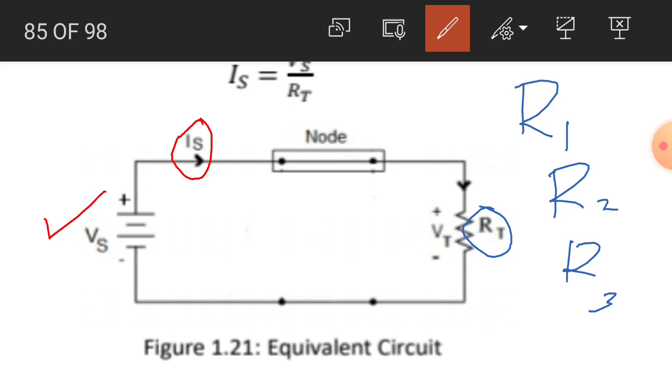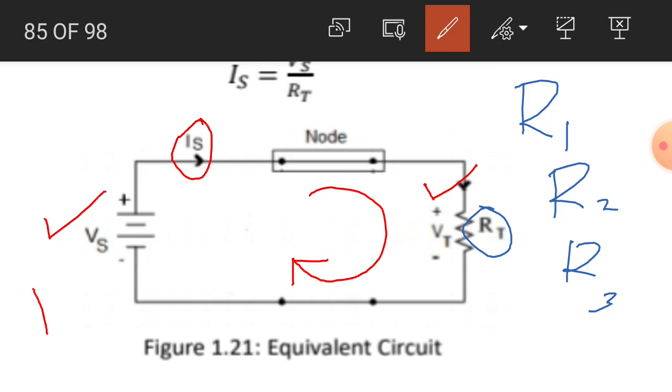I mean, there is no difference between the total current of the parallel circuit and the current of this circuit number 2. This current will result in a voltage drop across this single resistor, which is Vt. We apply KVL to this particular circuit or this particular loop.